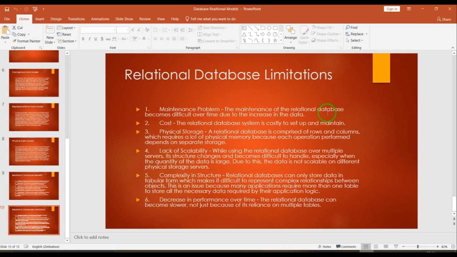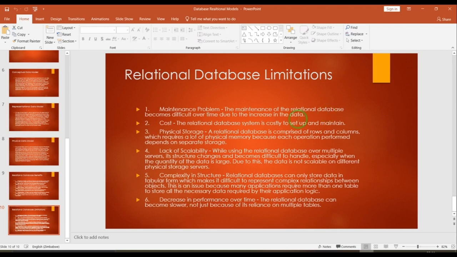So you have to know the relationships, the limitations, and also the benefits of a relational database. You also need to remind yourself about the types of relational models, which are the conceptual data model, the representational data model, and the physical data model.